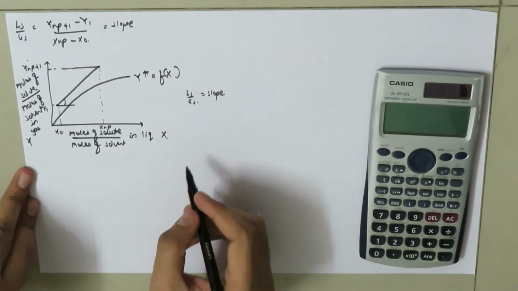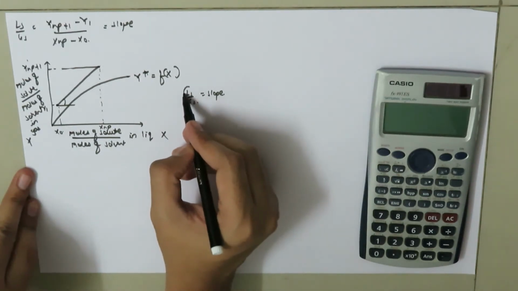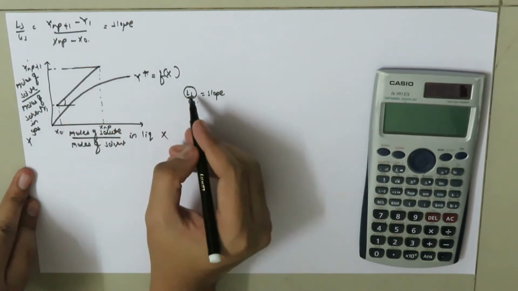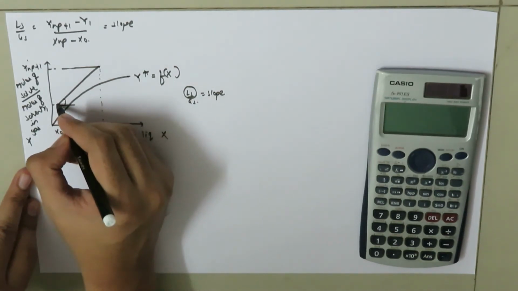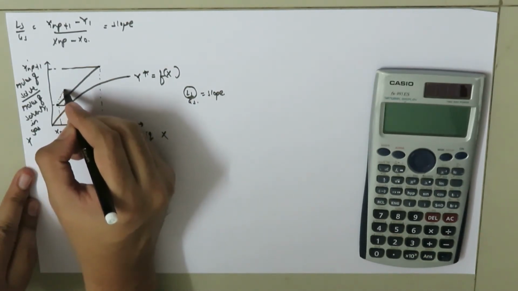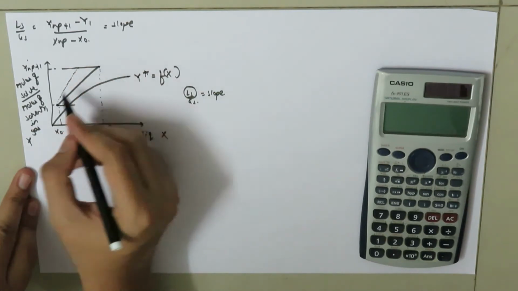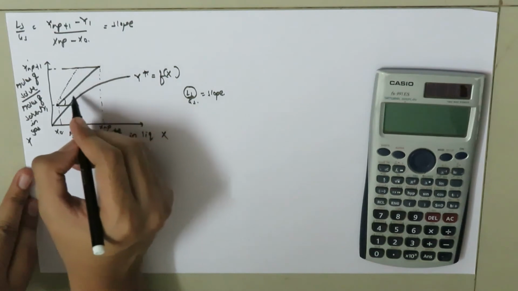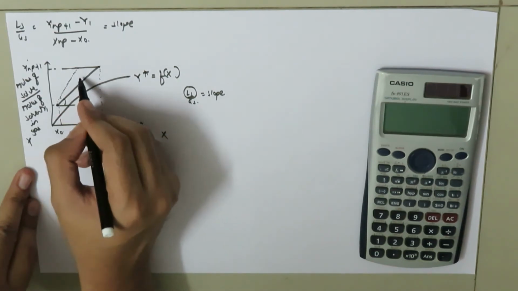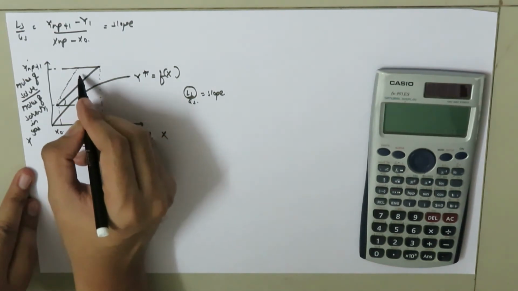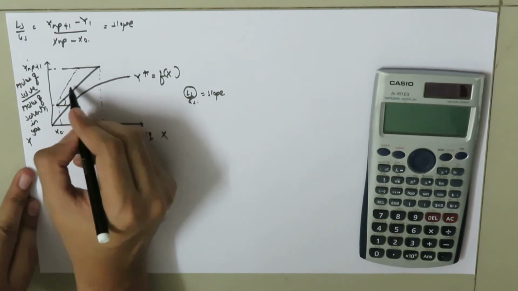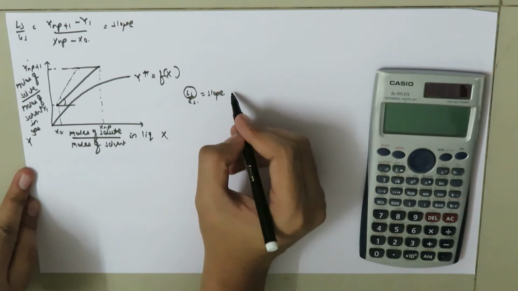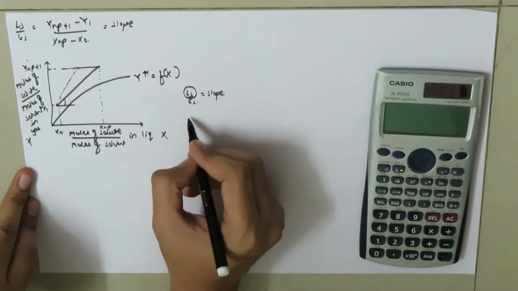It is important to note that as we increase the liquid flow rate, the slope will increase. If we increase the liquid flow rate, the slope will eventually become like this, and if the slope increases, then the vertical distance between the operating line and equilibrium line will increase, and that will increase our driving force.